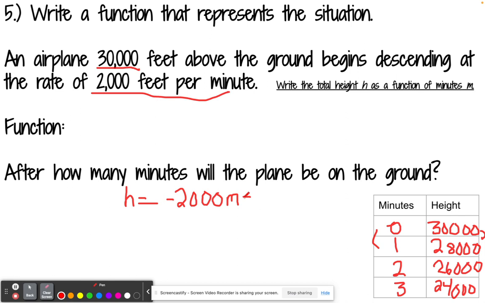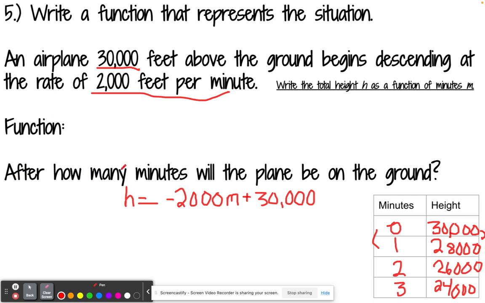And we're starting from a height, and is height the right word? Elevation of 30,000 feet. So that's when our time is 0. The time 0, or the start of our function, we're at 30,000 feet, and our rule is we're going down 2,000 feet per minute.